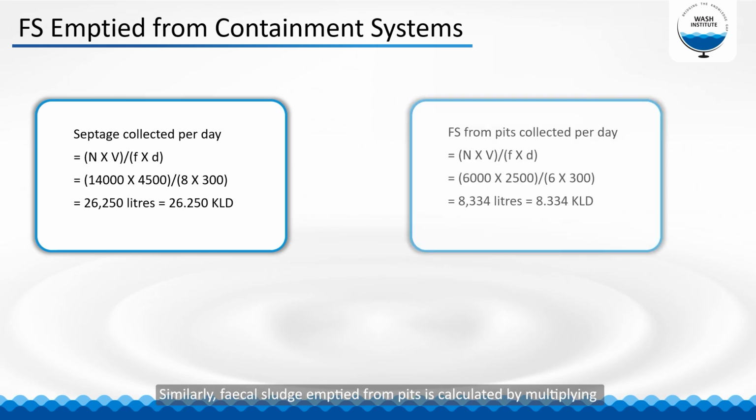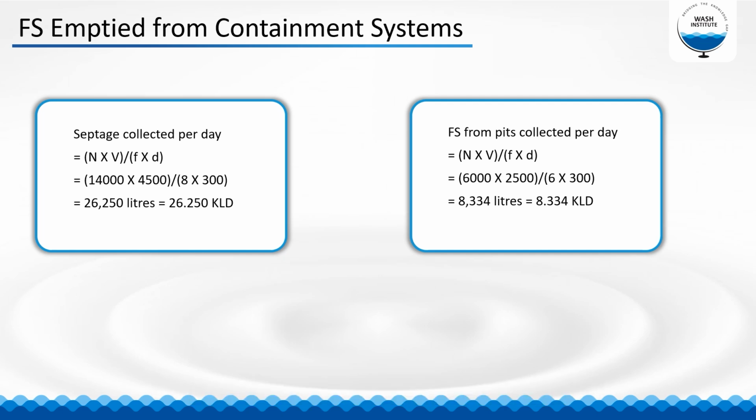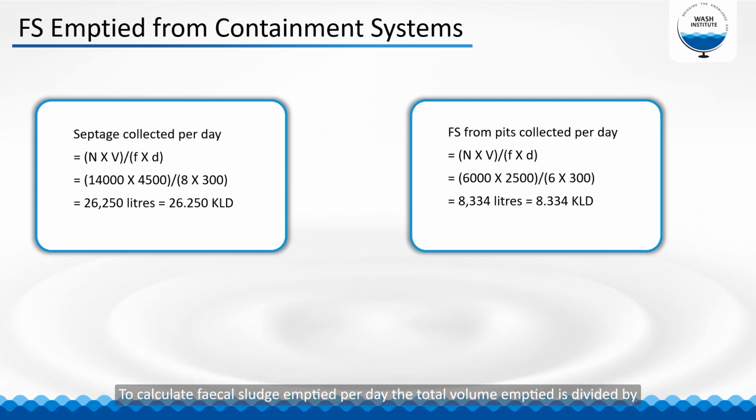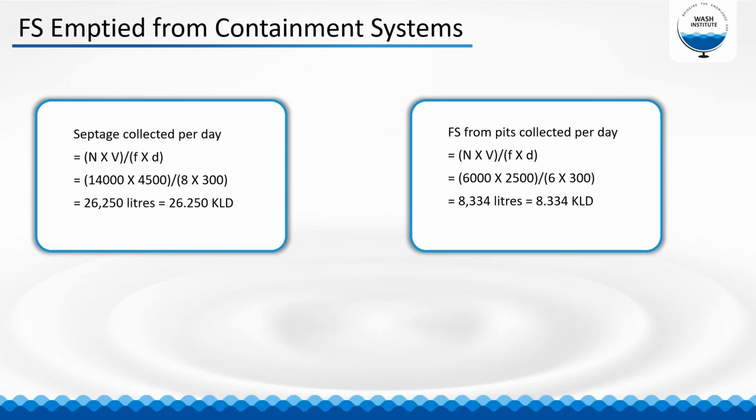Similarly, fecal sludge emptied from pits is calculated by multiplying number of pits, that is 6,000, with the average volume, that is 2,500 liters. To calculate fecal sludge emptied per day, the total volume emptied is divided by number of working days in desludging period, which is calculated by multiplying 300 days per year and average desludging period, that is 6 years.